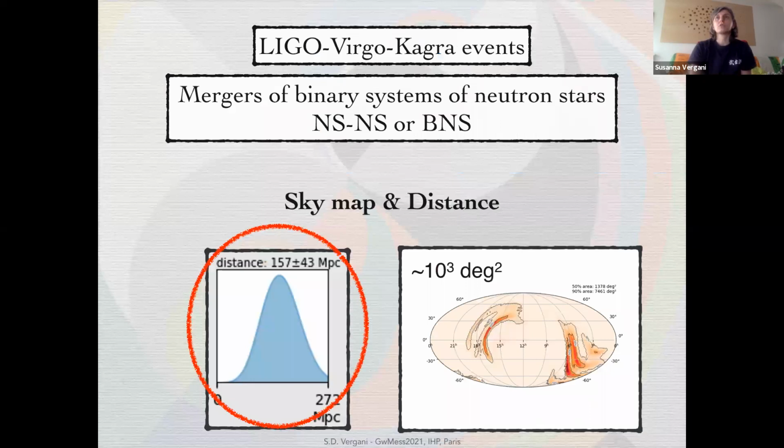To find the host galaxy, we have also another kind of data that we can use and that we didn't use so much until now. That is, I mean, for the other electromagnetic counterpart, the distance, okay? So the gravitational wave alerts give us also the distance information. This is very important.